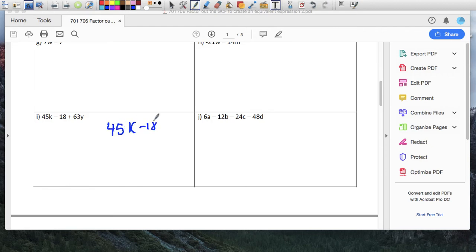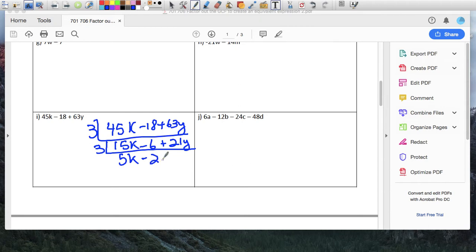45k minus 18 plus 63. I'm going to pull out a 3. 3 goes into 45 15 times. 3 goes into 18 6 times. And 3 goes into 63 21. Can I continue? Yes, continue. It's going to be another 3. 3 goes into 15 5 times. 3 goes into 6 2 times.